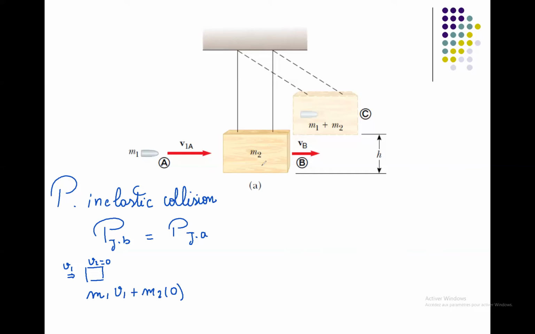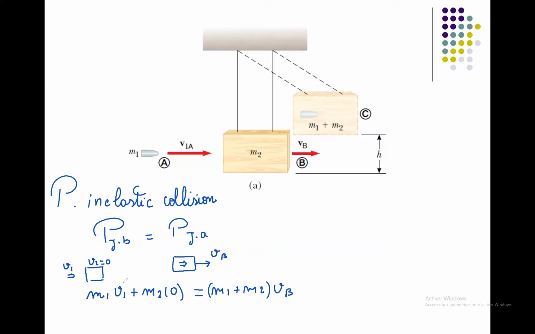In the final state, we have the box with the bullet inside. This system moves to the right with a final speed, let's say vb. So finally we have m1 plus m2 times vb.